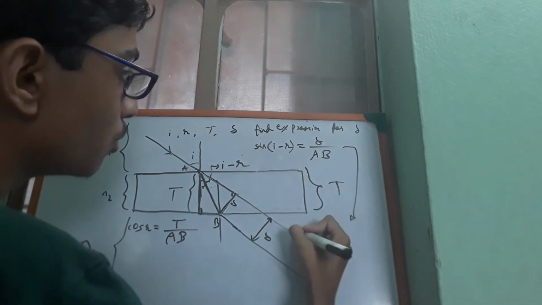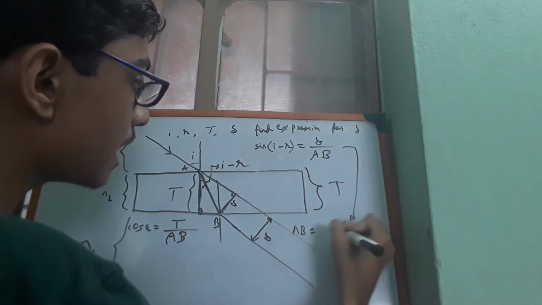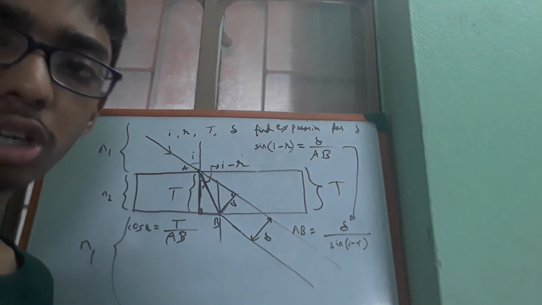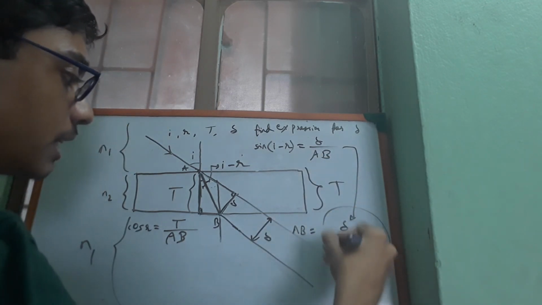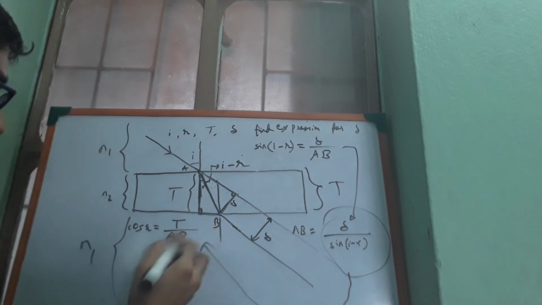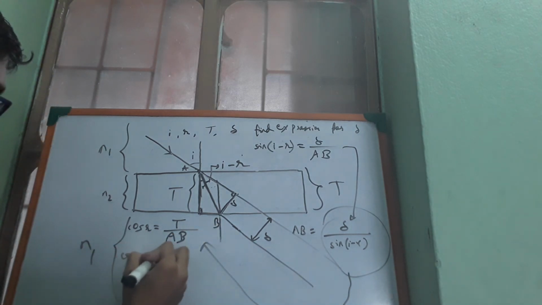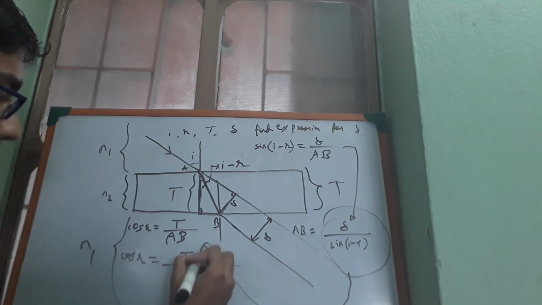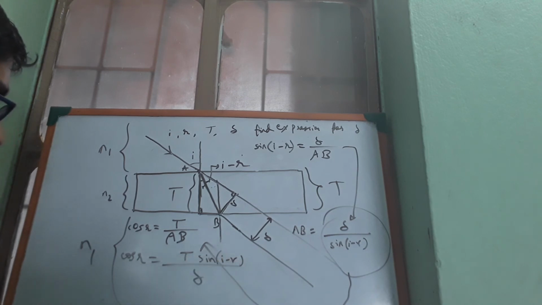From this, AB is del over sine of I minus R. Now putting this value of AB in the expression, we get cos R equals T sine of I minus R over del.